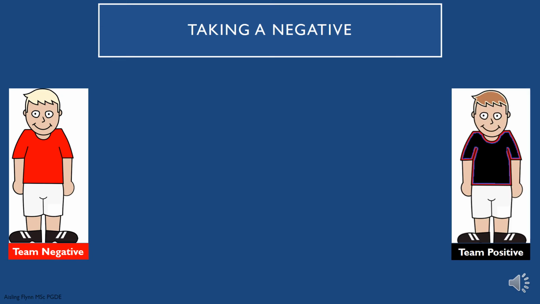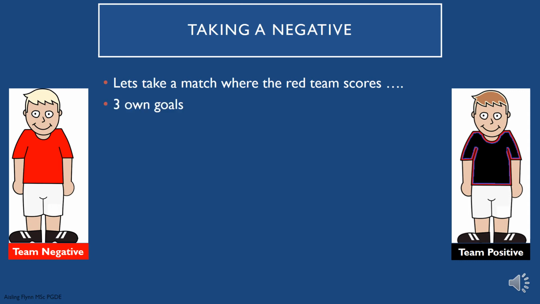So now I want to consider taking a negative. What does that mean? We're going to look at it in a few different scenarios. Let's take a match where the red team, the negative team, scores 3 own goals. So 3 goals against themselves. So who wins the match? Well, clearly team positive would.